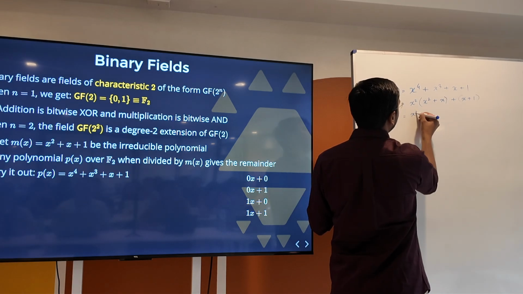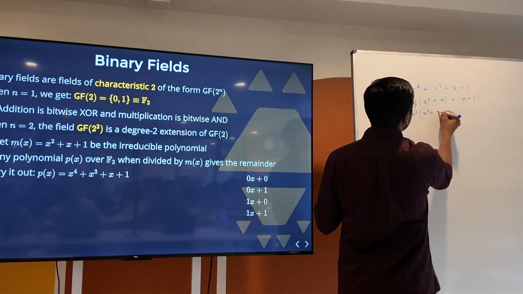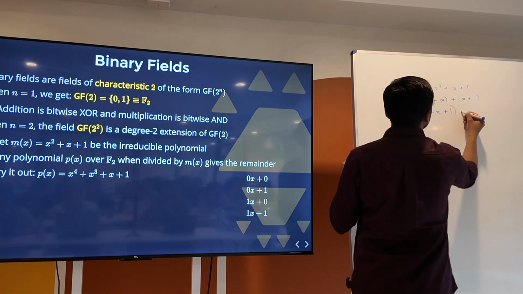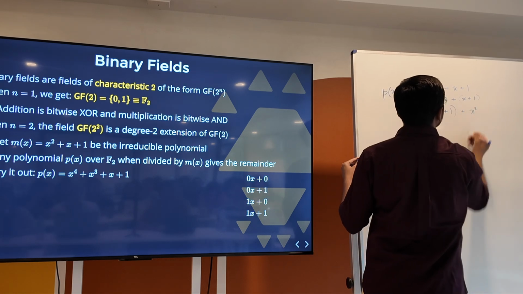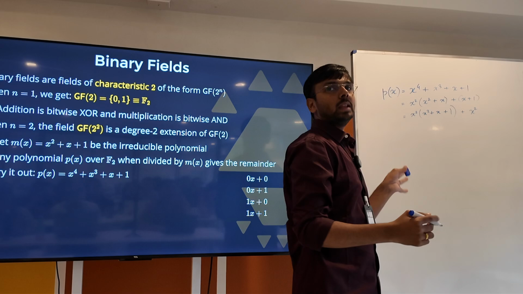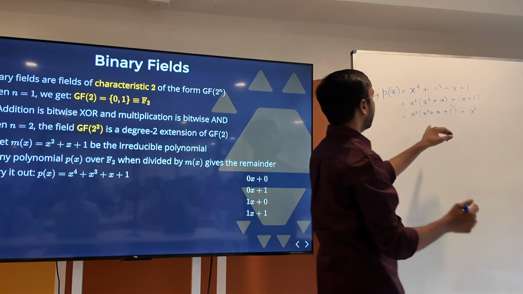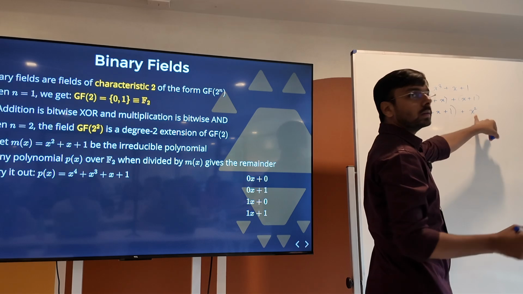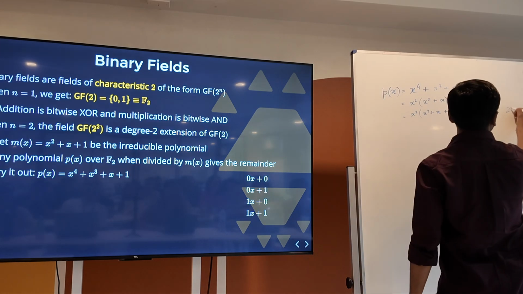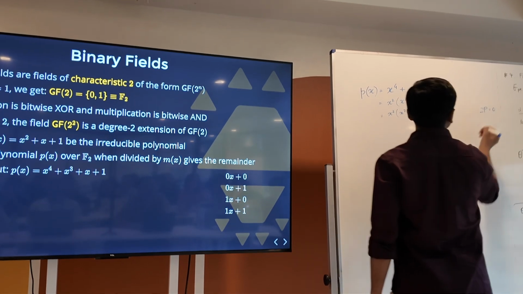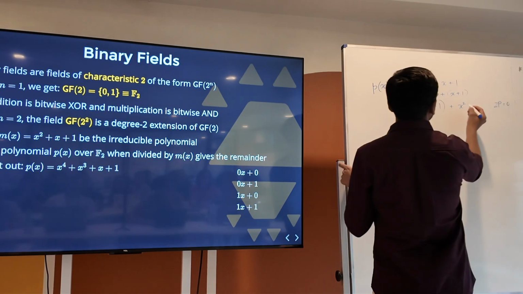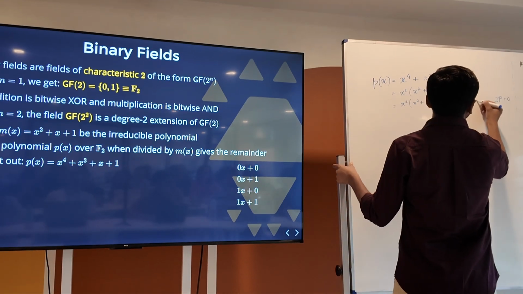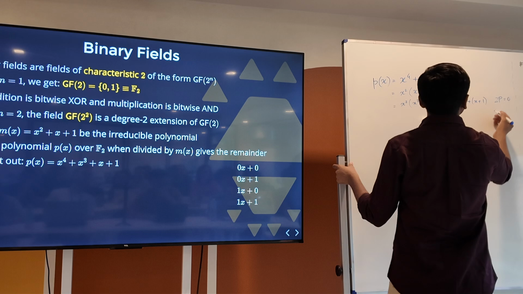And now I'll just, so addition and subtraction in binary fields is the same. So I add in an x square, and then if I added it once more, it just becomes 0, because as I said, 2 times p must be 0. So let's see what's the remaining term.